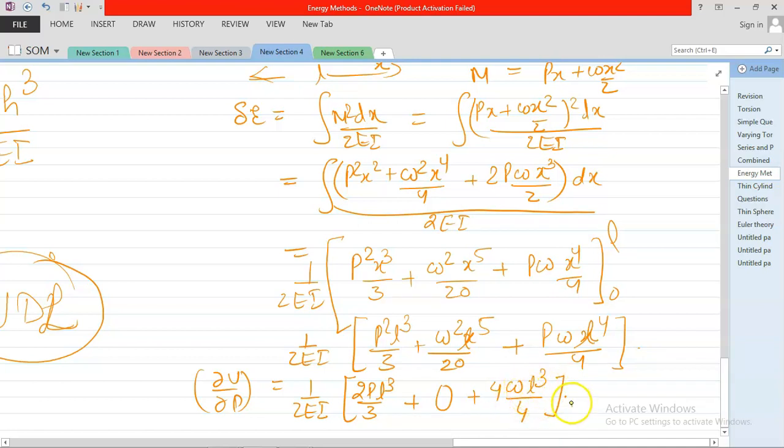And now put P equal to 0. So I am getting... there is something that is wrong.